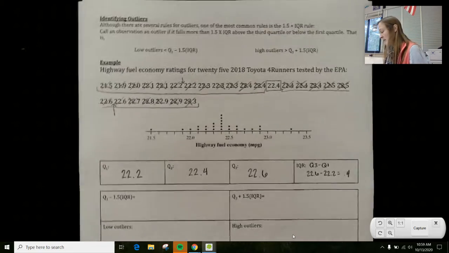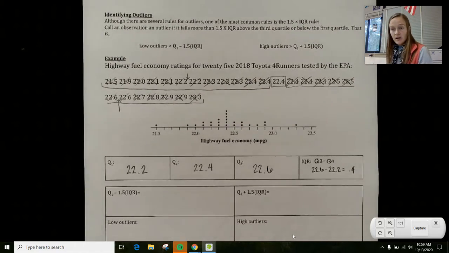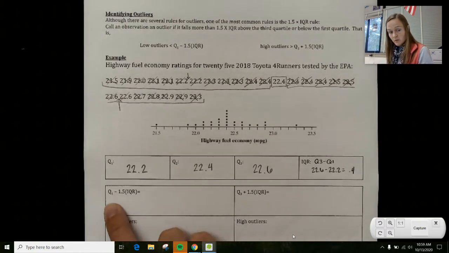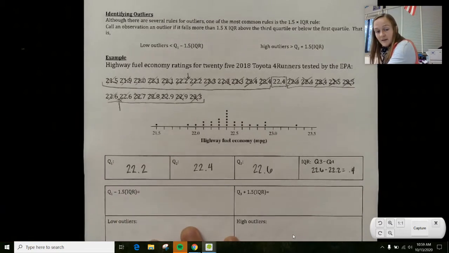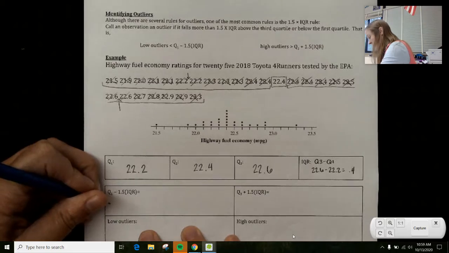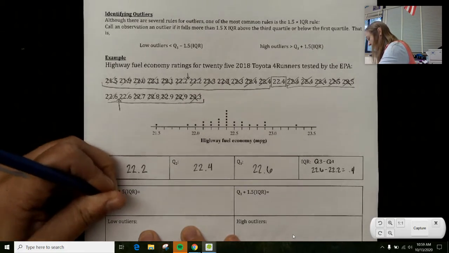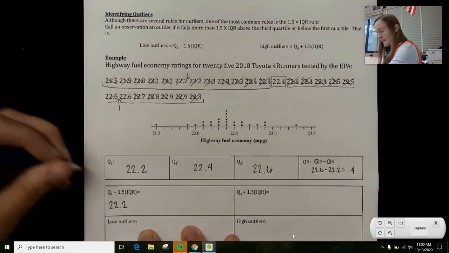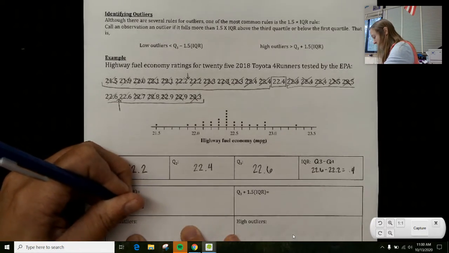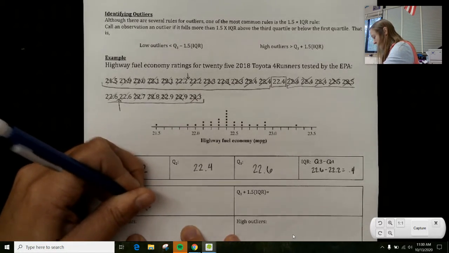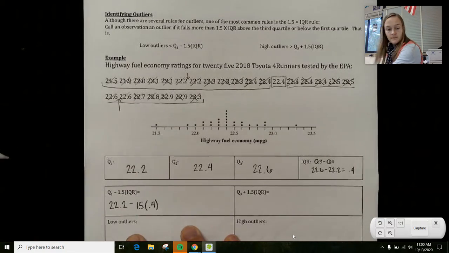So here, the formula for the lower outlier, you use Q1. So Q1 minus 1.5 times the IQR. So Q1 is 22.2 minus 1.5 times the IQR, which is 0.4. That's how I set it up.